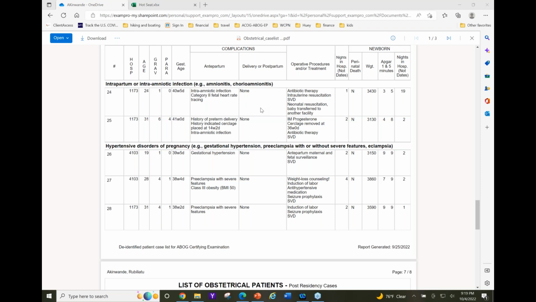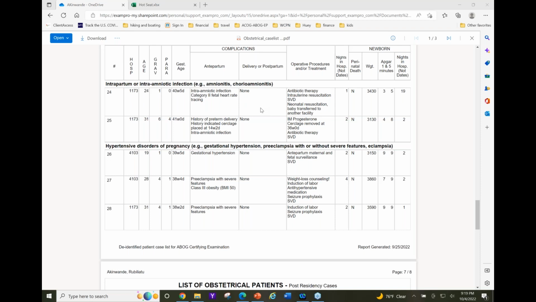Why was the baby transferred to another facility? So this was a facility where we don't have a NICU. So the baby needed to be intubated. Yeah, and I don't remember additional details.